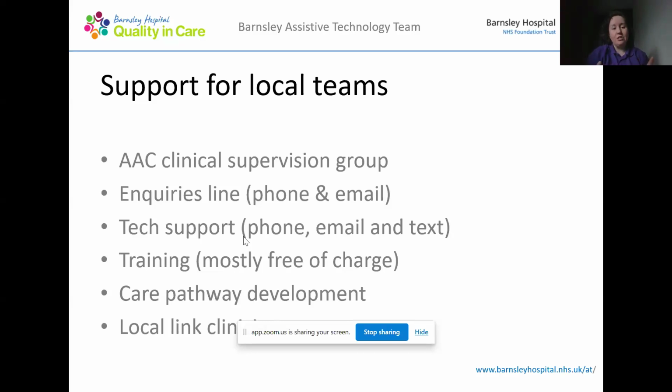It was the loan bank project. So we were helping local services develop a bit more of the pathway to be able to issue more equipment that wouldn't meet our criteria, so having their own resources to do that and to get that started. So we do things like that.